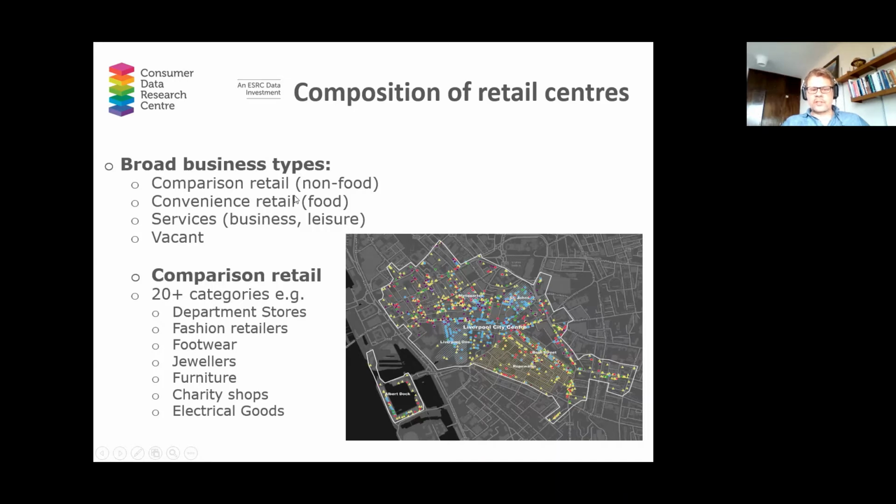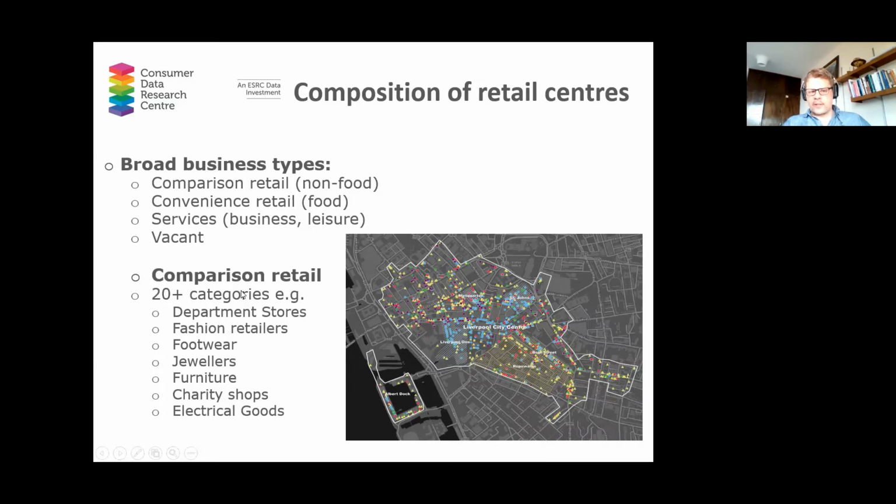So each of these broad business types is subdivided further into something we call retail categories or service categories. For example, comparison retail is the largest of the types, and is subdivided into 20-plus categories. These categories include, and I've given some examples here, department stores, fashion, footwear, jewelers, charity shops, electrical goods, DIY stores, and lots of them like that.